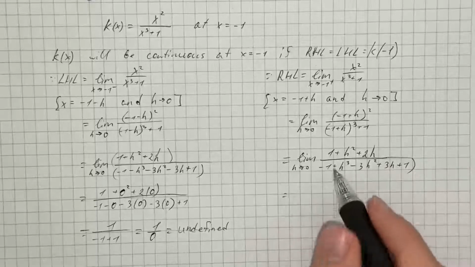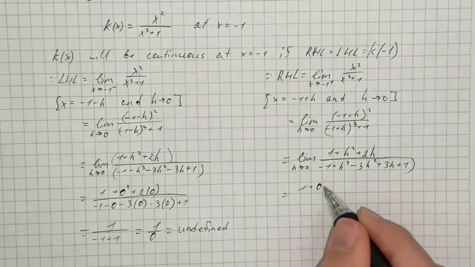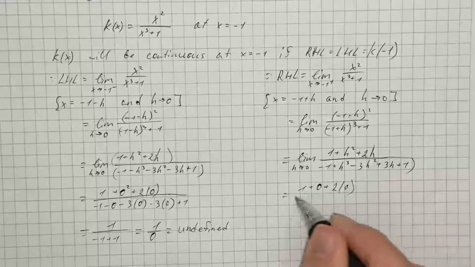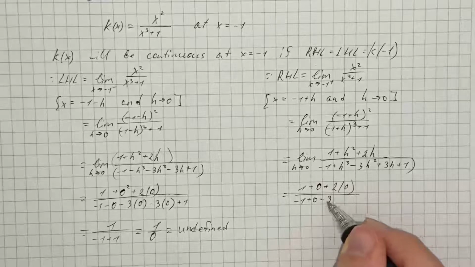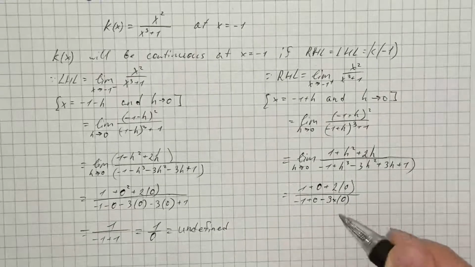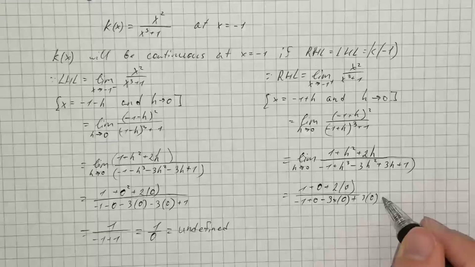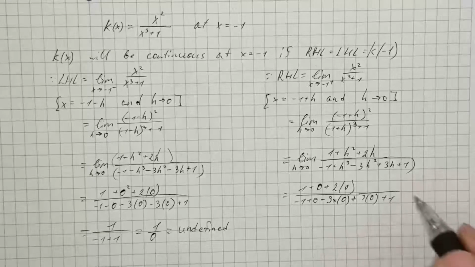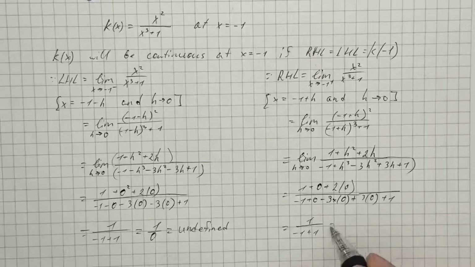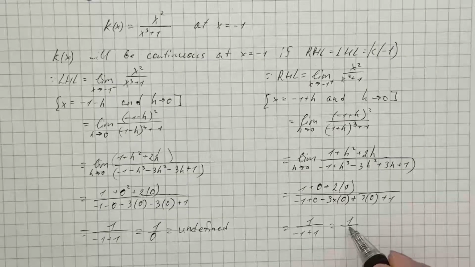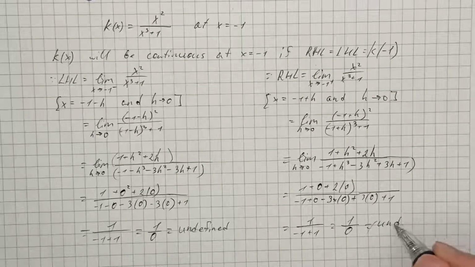So we substitute h by 0 and we get 1 plus 0 plus 2 times 0 over -1 plus 0 minus 3 times 0 plus 3 times 0 and plus 1. So we also get 1 over -1 plus 1, which is 1 divided by 0. So our right hand limit is also undefined.